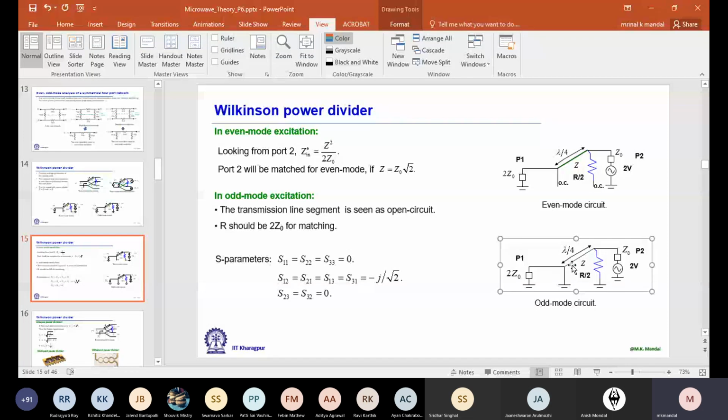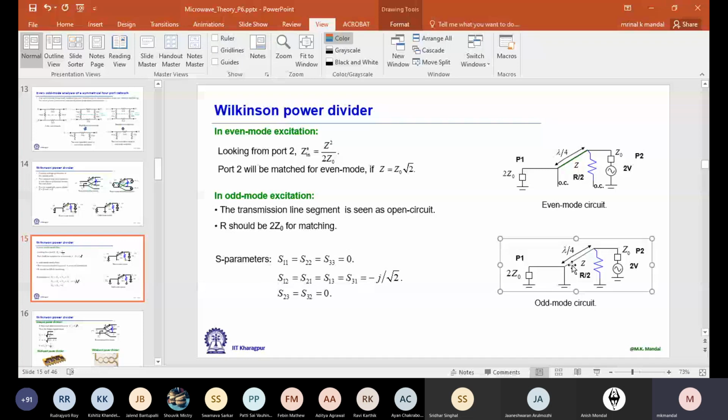Now at the short end, we have voltage minima, current maxima. I'm following this lambda by 4 transmission line from left to right. Then at the resistive end, where the resistor is connected, we have a voltage maxima, current minima, right?